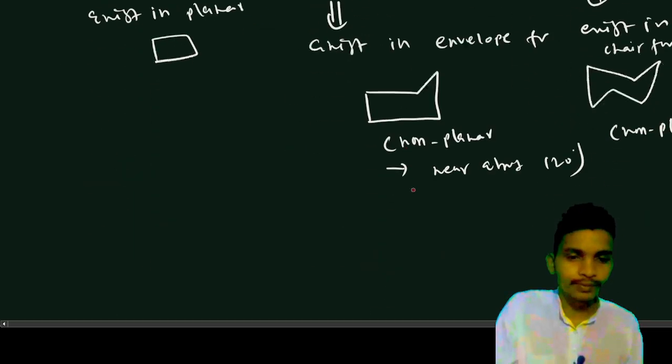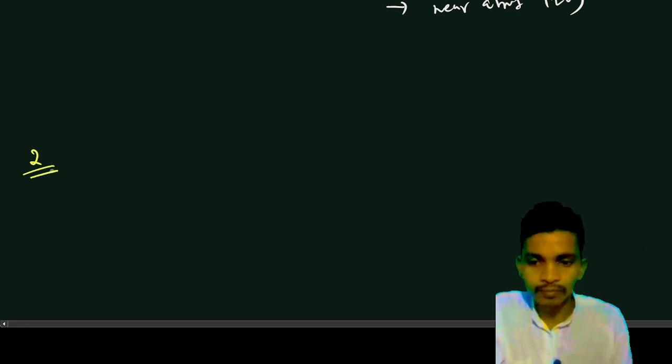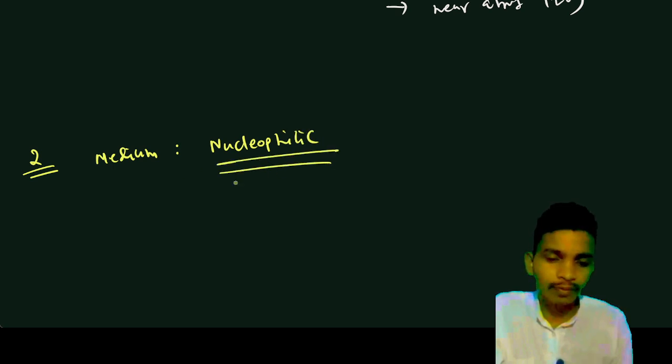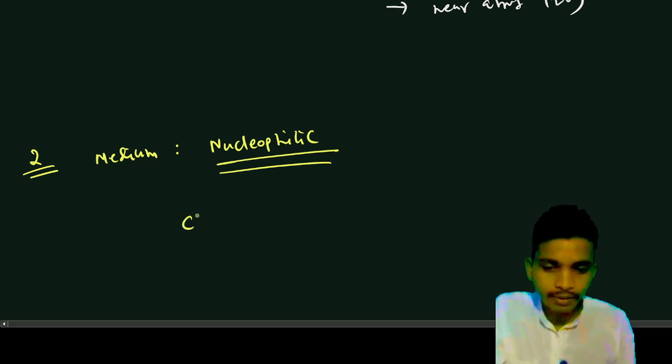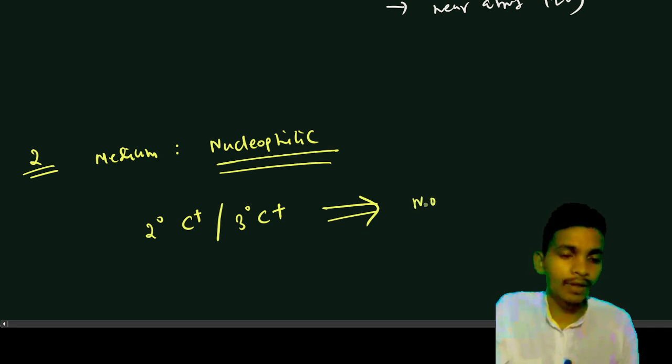Next point is, if the medium is nucleophilic. In this case, what will happen is that if the carbocation is a 2-degree carbocation or a 3-degree carbocation, in this case no rearrangement will happen.